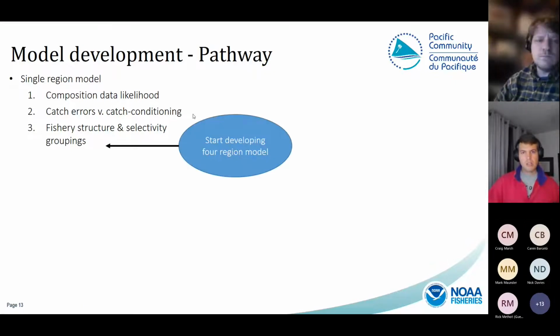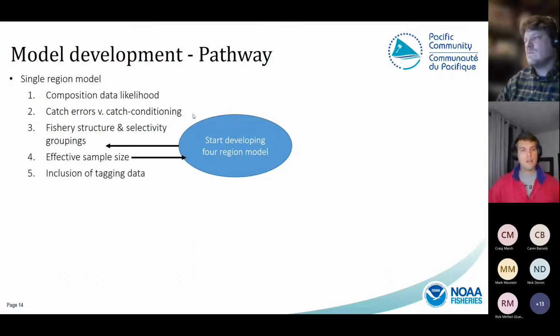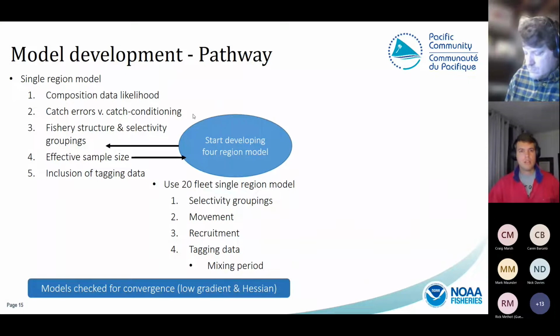This was the stage where we started thinking about what the 4-region model might look like. We also looked at the input sample size at this stage, and the inclusion of the tagging data. And so that 4-region model uses a fleets-as-areas, 20-fleet single region model as the baseline.